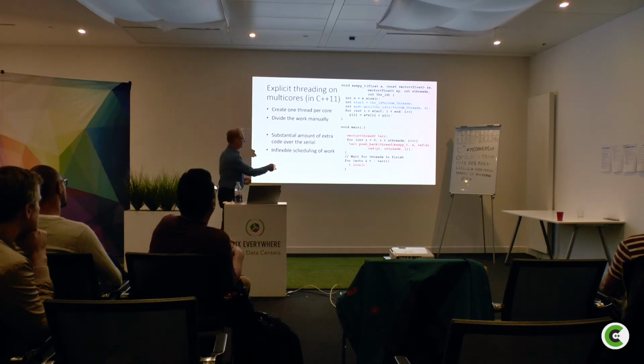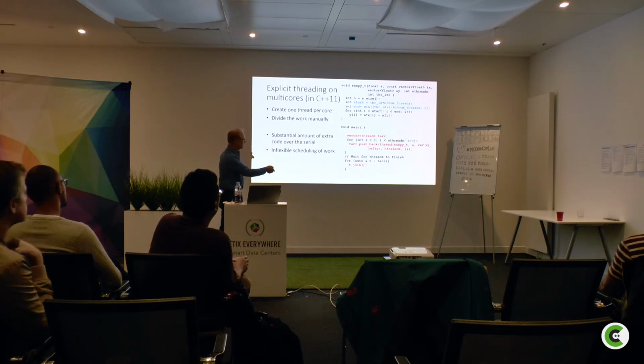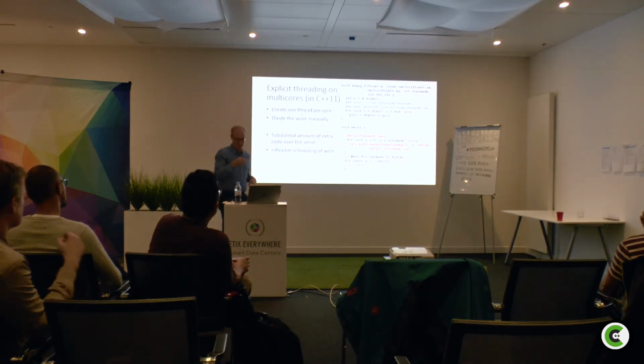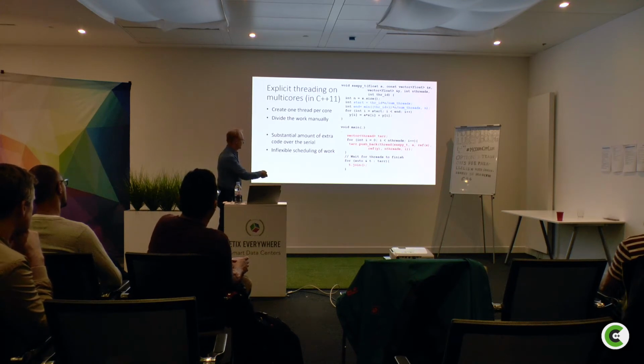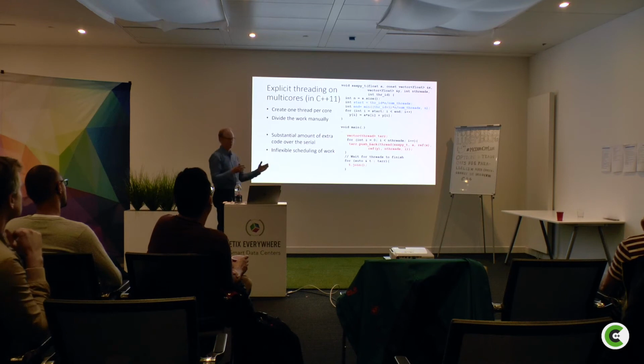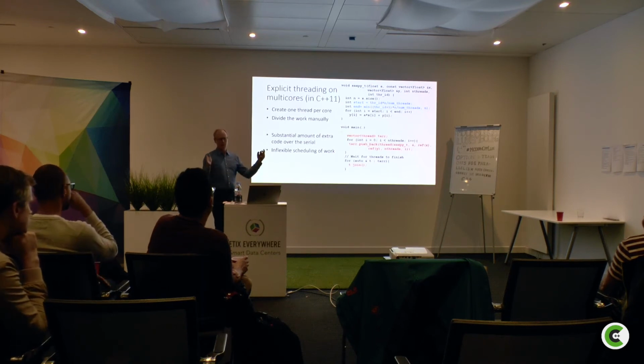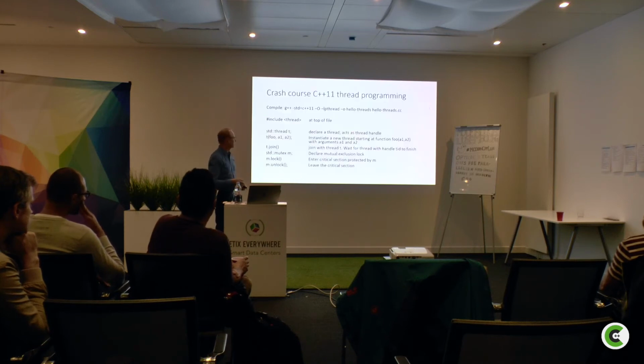And then I push the function that carries out the calculation, the function name, and the arguments to the function: the floating point a here, a reference to x, a reference to y, the number of threads, and i, which is the local thread identity in this case. Then the threads go about and do their work. They calculate the stuff, and then we have to wait for them all to finish in order to be done with it. And each thread calculates a chunk of the total amount of work to do.